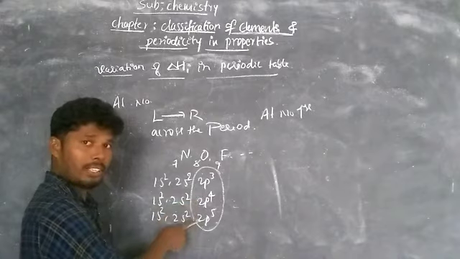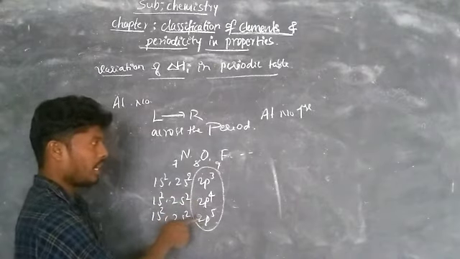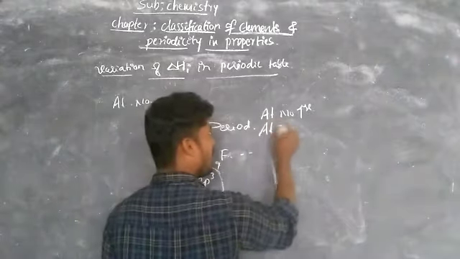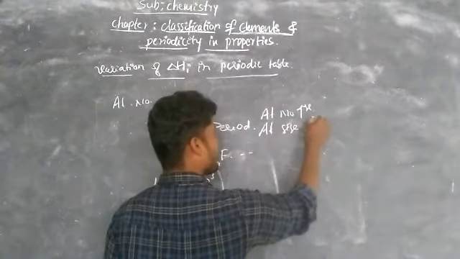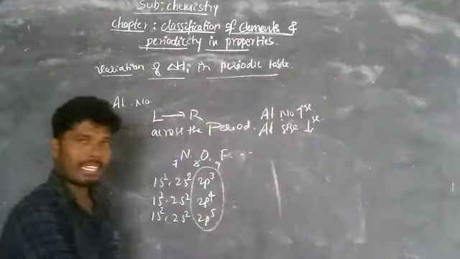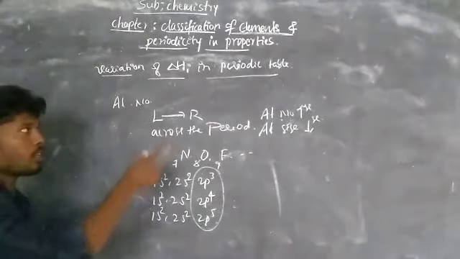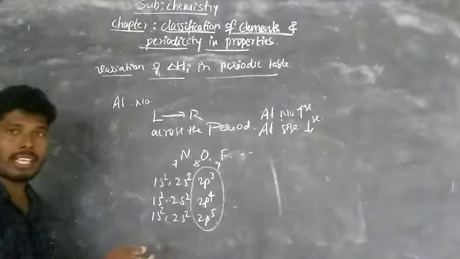Since electrons enter the same orbital of the same shell, the atomic number increases and the atomic size decreases. Atomic number increases, atomic size decreases from left to right, so the ionization enthalpy also increases.